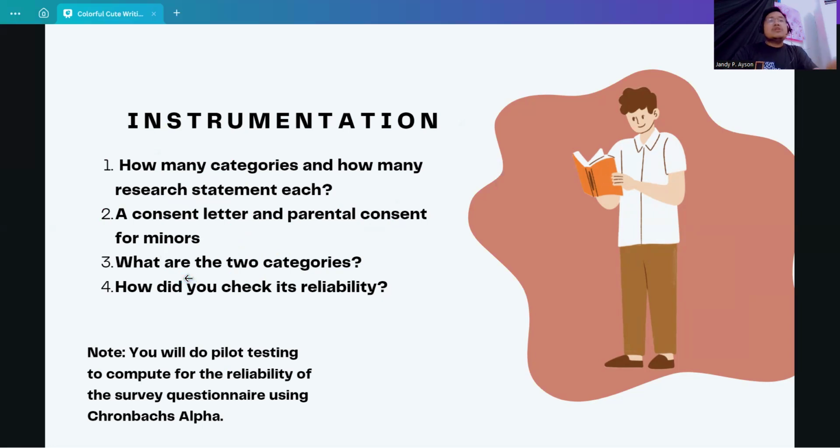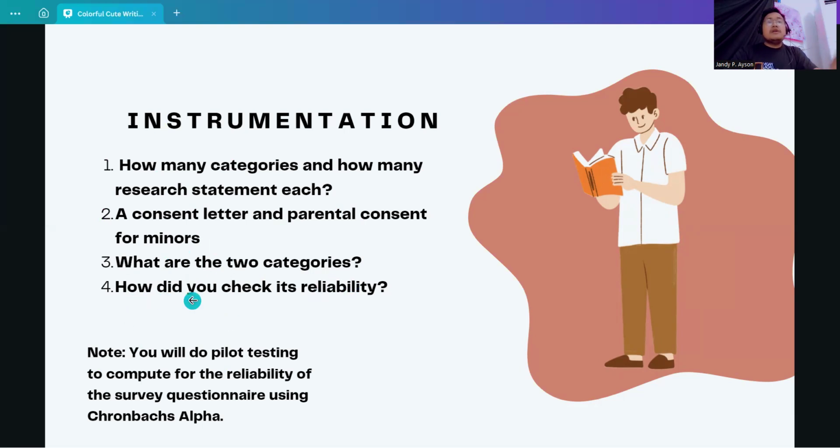Next is, what are the two categories? Yung title ng categories ninyo na makikita nyo sa matrix, yung nakalagay survey questionnaire, categories, yung kinorecall. Like for example, assessment of blank, blank. Okay? Assessment of blank blank. So for SOP1 and SOP2 yan. Okay, so yun yung categories natin. And then number 4, how did you check its reliability? So syempre, mame-mention nyo rin ito.